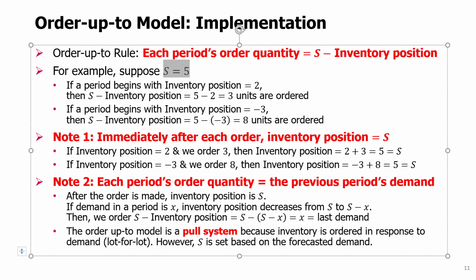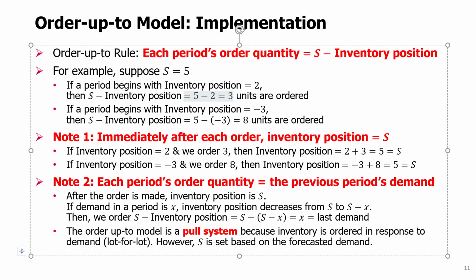Suppose S is 5, so the maximum inventory position that we want to have ever is 5 units. And suppose that we begin the period with inventory position equal to 2. In that case, we have to make an order at the beginning of the period that is S minus inventory position. In this case, S is 5 and inventory position is 2, so we should order 3 units, right?